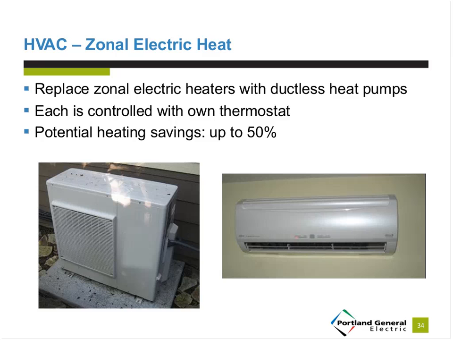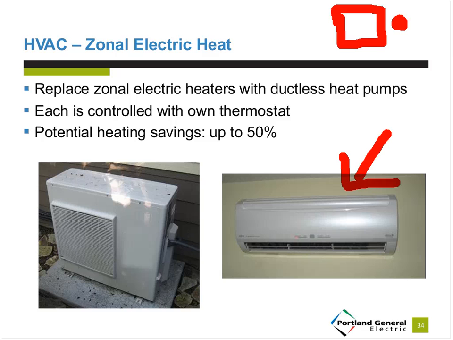Or cadet wall heaters, a little thing with a little dial next to it in the wall, about 4 feet up, and that's another way that electric resistance heat is used. And this is a good replacement for that. The ductless heat pump, the latest and greatest in HVAC technology, but it's not really that new. It's been around for quite some time. It was developed in Japan, and it's ductless.